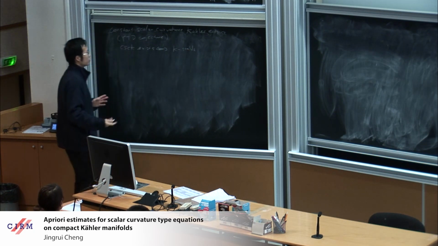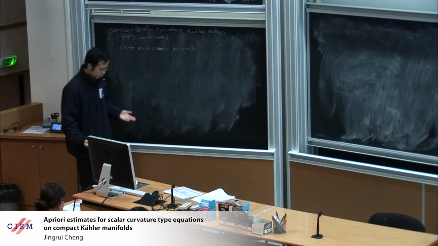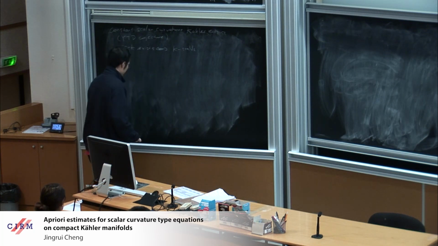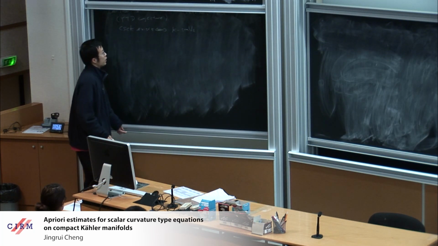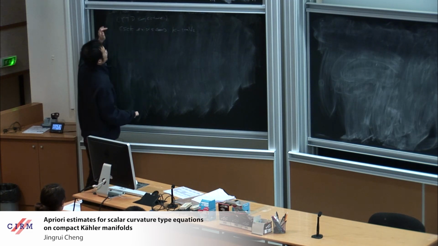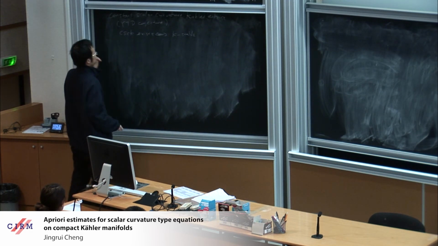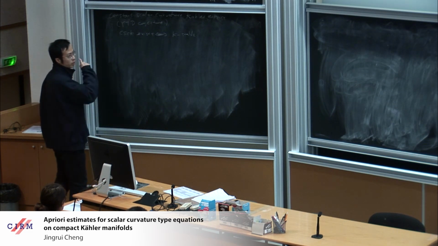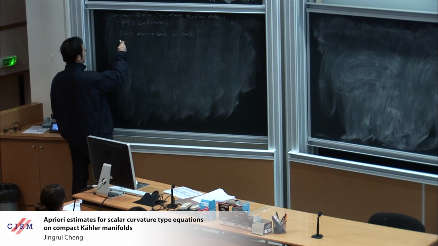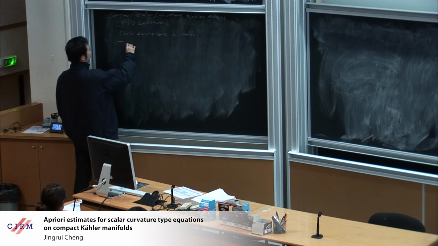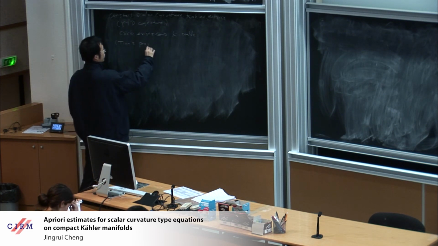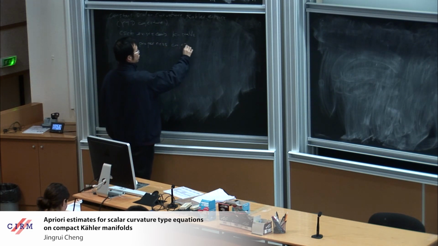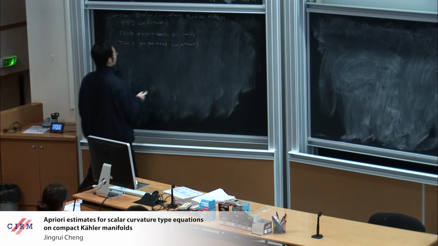My work mostly concerns some analytical criterion for the existence of such metrics. This analytical criterion was first proposed by Tian. It's called Tian's properness conjecture.